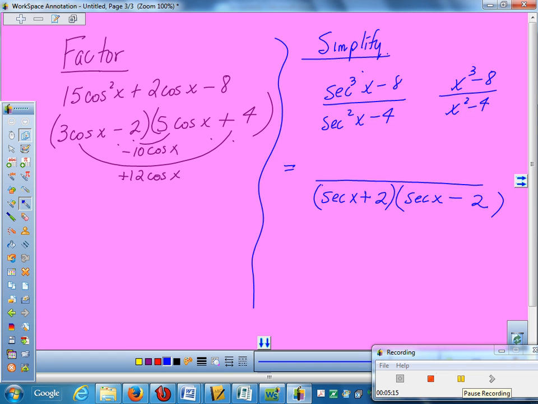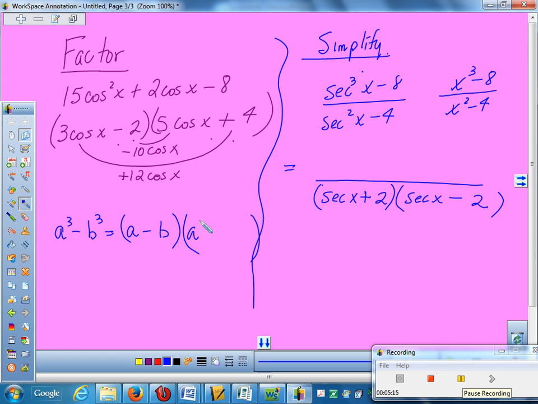Okay, perfect cubes. Those are the evil ones. Let me remind you about the cube rule. The cube rule has a binomial times a trinomial. What went in the binomial? The 2-term part, you just uncube it. Just take the cubing off. Now, how did you get the trinomial? You square whatever you wrote in the first spot.